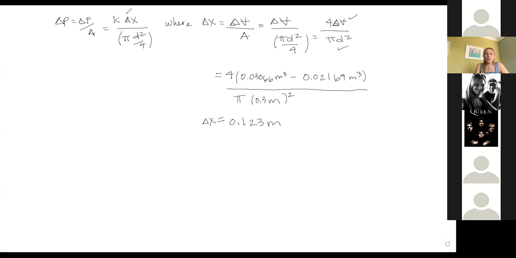So now we know our K value, it was given in the problem statement. We know our change in x and we know our d. So we should be able to plug and chug for our change in pressure equation. So now we have our change in pressure is equal to K delta x over pi d squared, times 4.